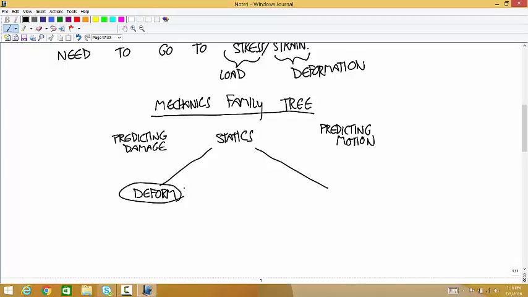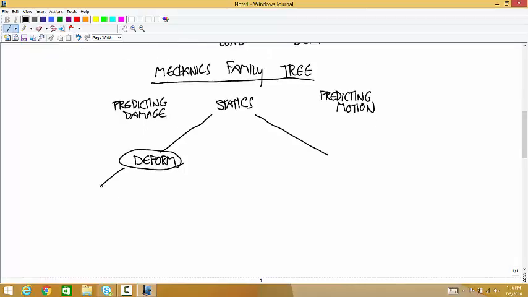That's you. And after deform, you can go into a very mathematical treatment of deformed topics, advanced deformed topics called continuum mechanics.